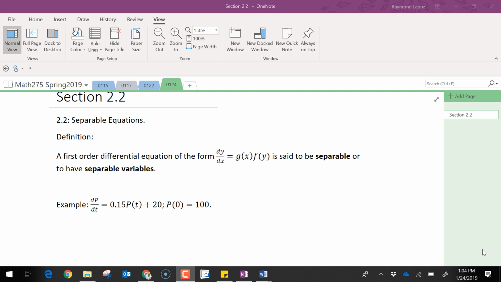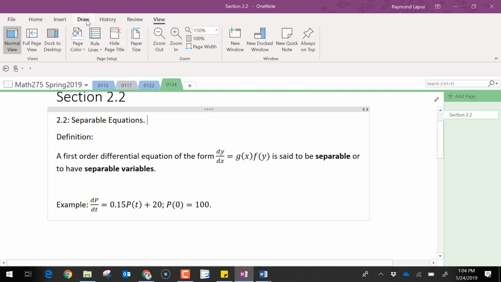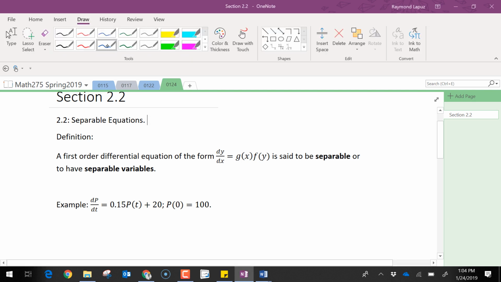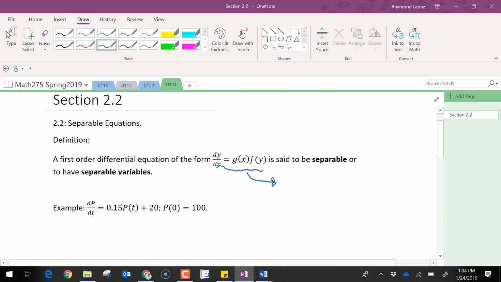I also want to introduce another possible notation that might come up. Well, before we do the notation, since we are already here about separable differential equations, the idea behind separating a differential equation is to take a look at it and say, oh, there's a dy dx, and then there's functions with an x and functions with a y.